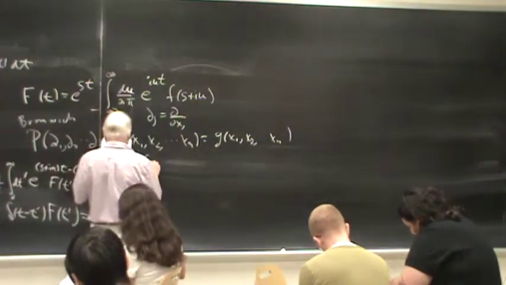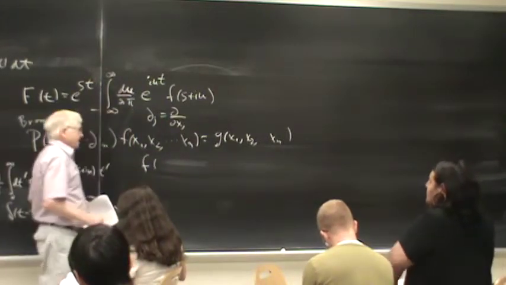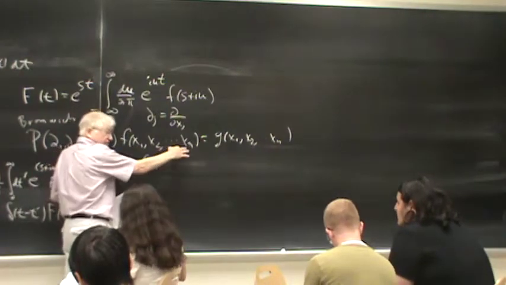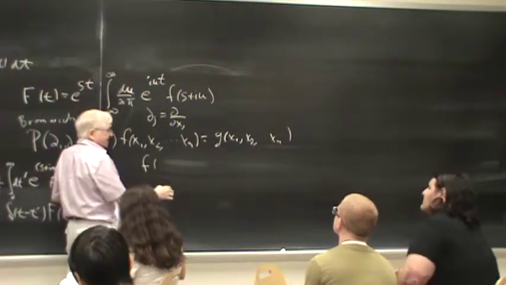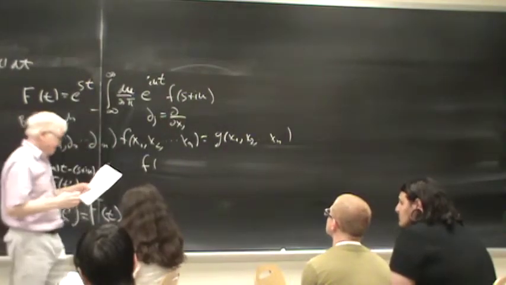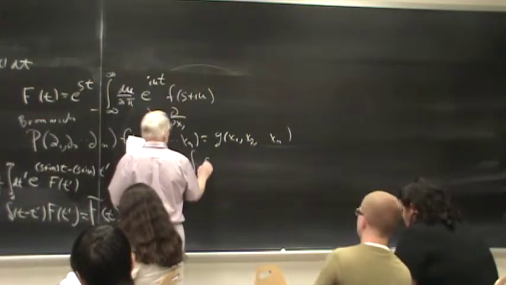So anyway, we're going to write f of x, and let me use just the notation x for the whole family of x's, and k for the whole family of k's, even though in the book it's written more generally.